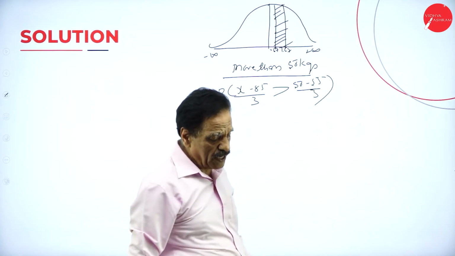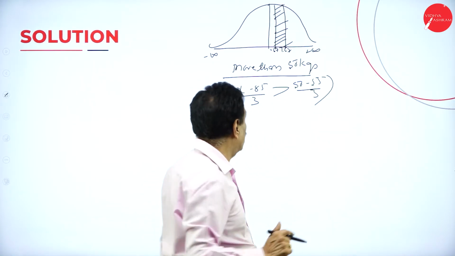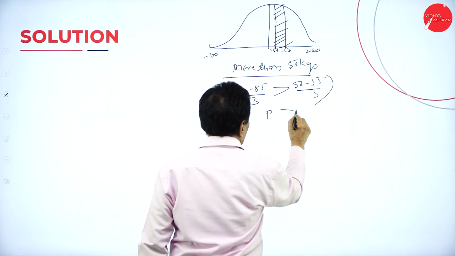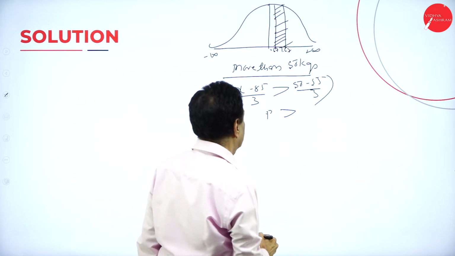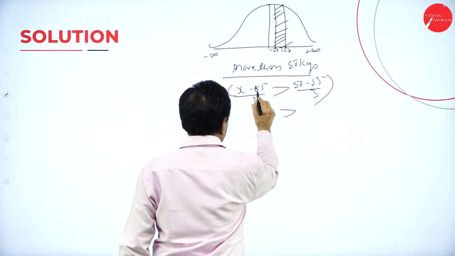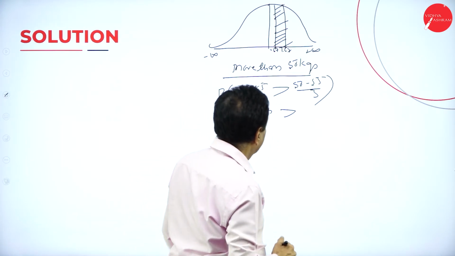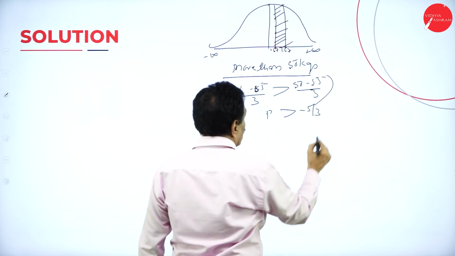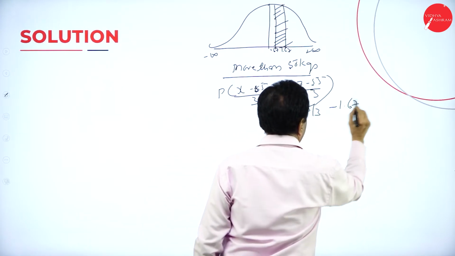This is the way you have to write. What's the value you got? 50 minus 55 is minus 5, divided by 3, minus 1.67.